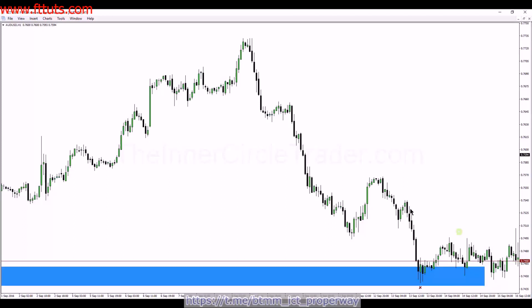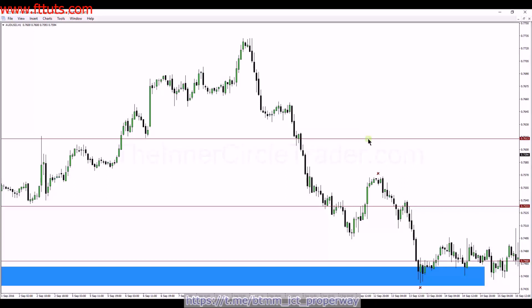And the expectation would be we would be looking for a range fill-in of all these down candles. So we'd look for an upside objective here, the last up candle's body, and then we would be looking for the stops above these equal highs, that clean level here, plus we have another bearish order block here, and then one more right in here.